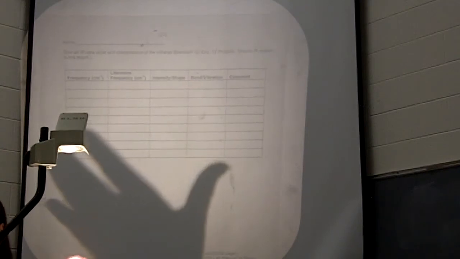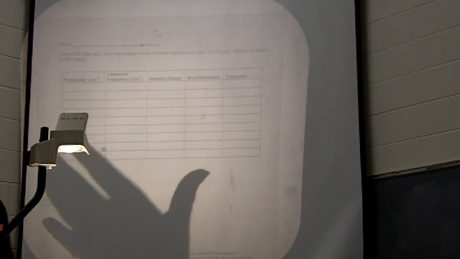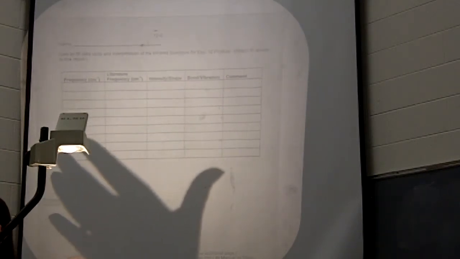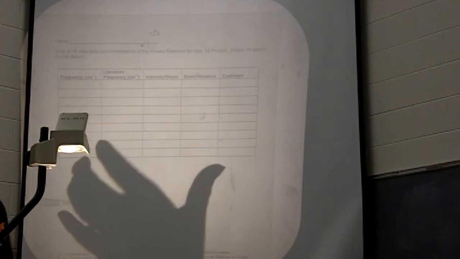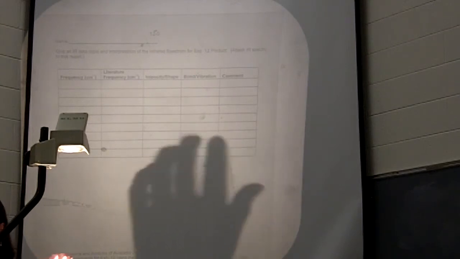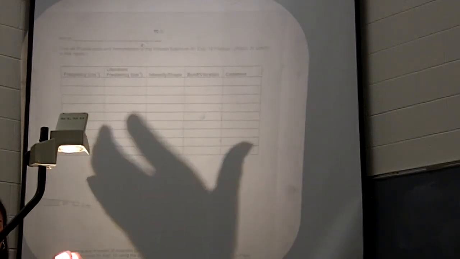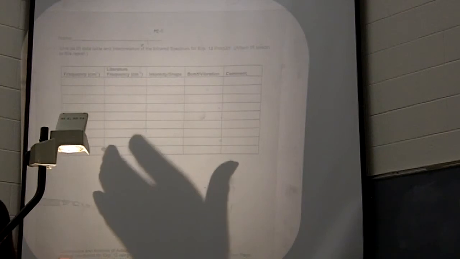Then on the back side, you have an IR table. This IR table is exactly like your experiment 6 IR table, which is exactly like the IR table in the back of experiment 5, which is the IR table you should always use. A lot of the experiment 7 reports I read, and I know other people read, did not include proper IR tables. So here it is again, okay? Make sure you're using this table whenever you are comparing IR data.